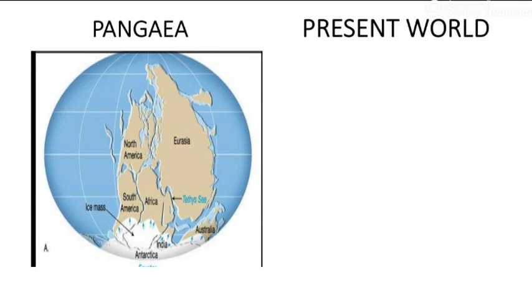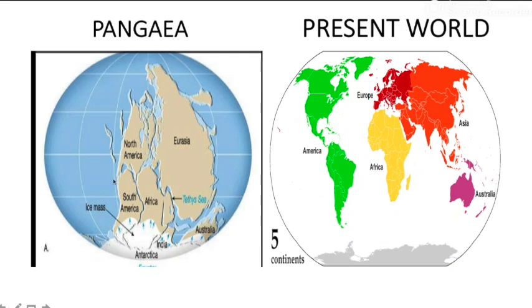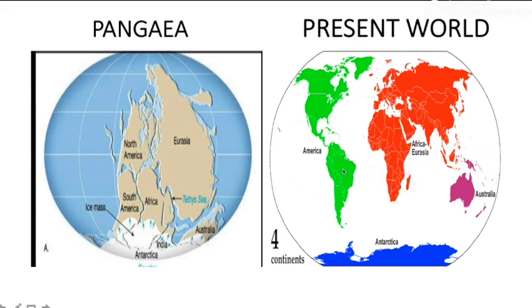This is a comparison between Pangea and the present world. Look at your screen, first of all, on your left, North America, South America, Africa, and Eurasia, they were one. And now they have got separated. And it hasn't happened suddenly. It is still happening. These continents are drifting. They are going away.